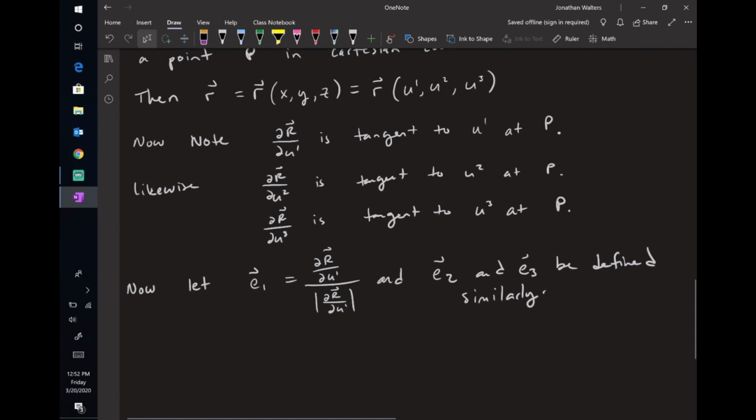We call these the unit tangent vectors of the coordinate system.